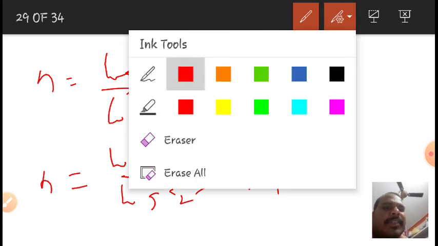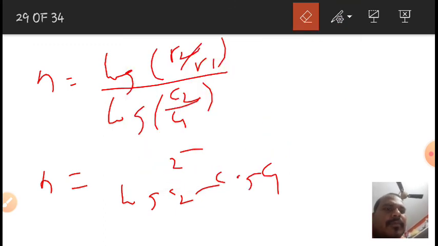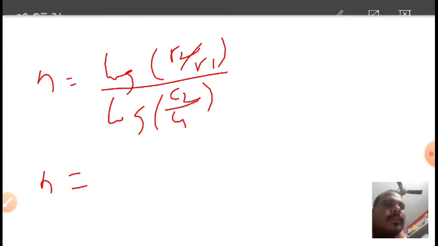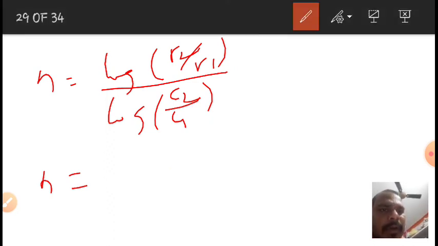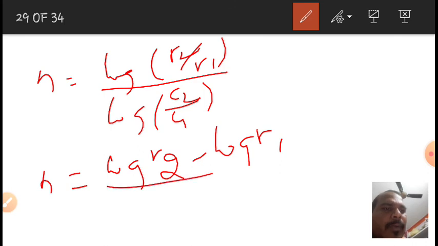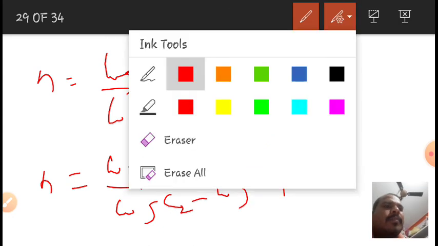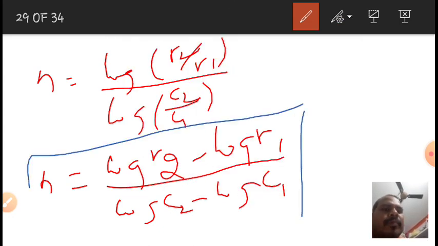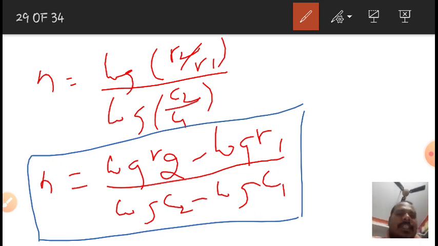From this equation we can calculate the order of a reaction.